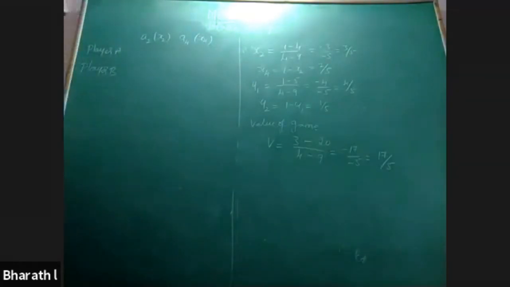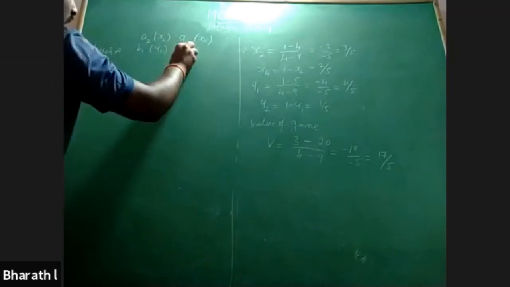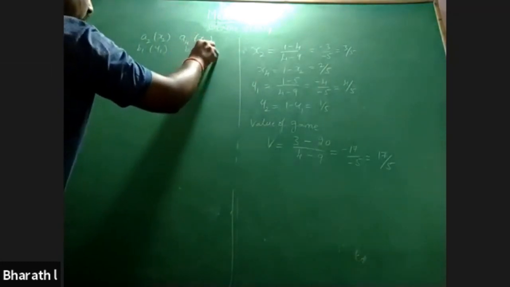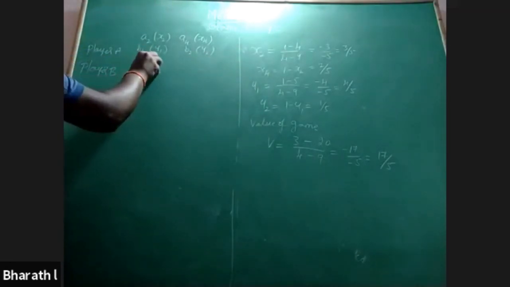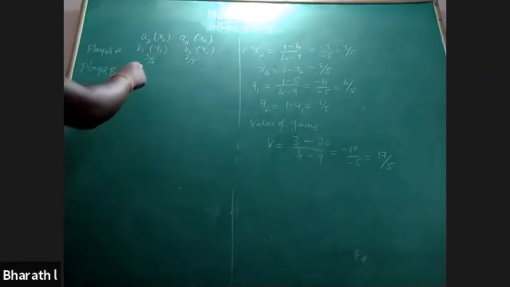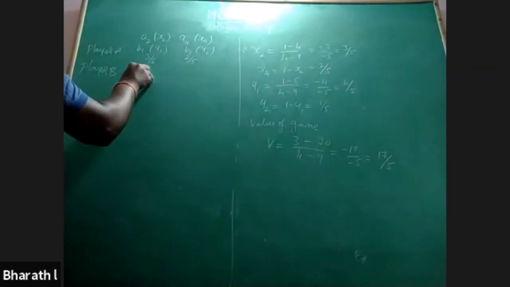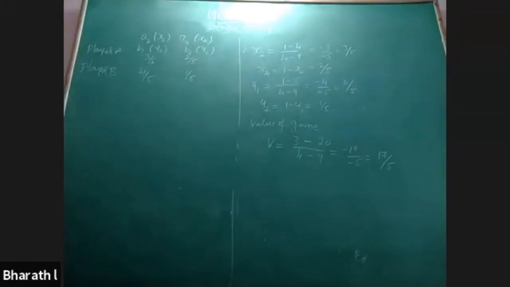Similarly, for player B, B1 has probability y1, and B2 has probability y2. The value of x2 is 3 by 5 and x4 is 2 by 5. For player B, y1 is 4 by 5 and y2 is 1 by 5. So this is the solution for the given problem.